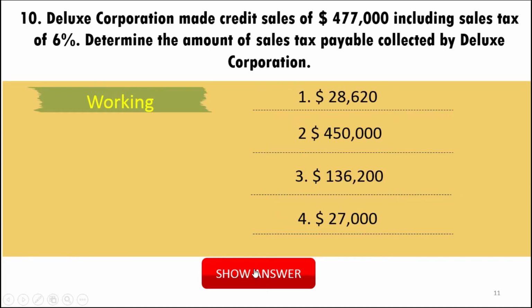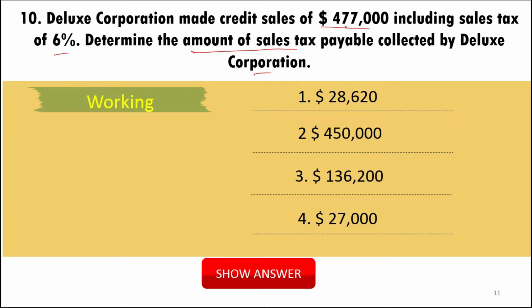The next question, question number 10, it is numerical. Deluxe Corporation made credit sale of 477,000 including sales tax of 6%. Determine the amount of sales tax payable collected by the Deluxe Corporation. So there is a sale by a company, Deluxe Corporation, and with this sale, this company has collected 6% sales tax.